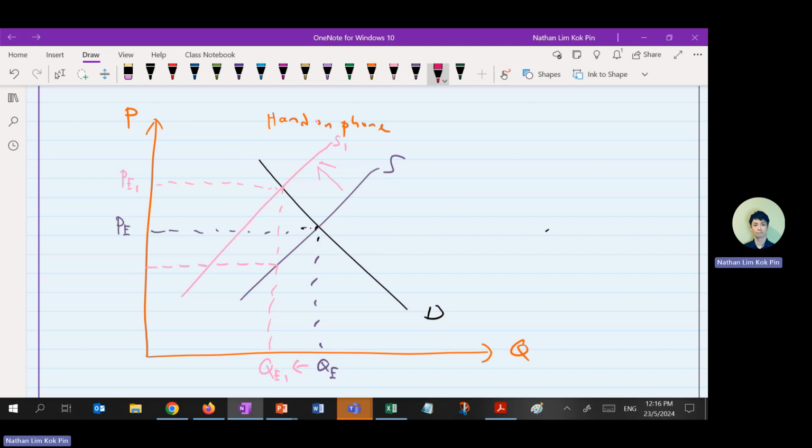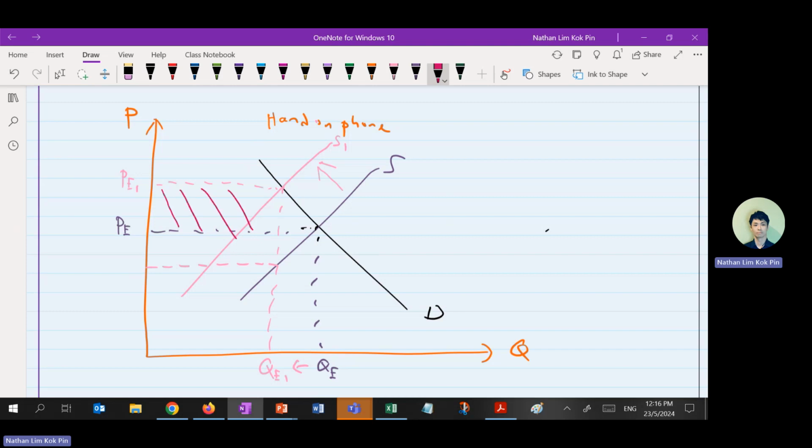You see there are now two boxes. The first box on top touches the demand curve at the new equilibrium. The one that touches the demand curve is known as the consumer burden. It's the one that we pass to the consumers.